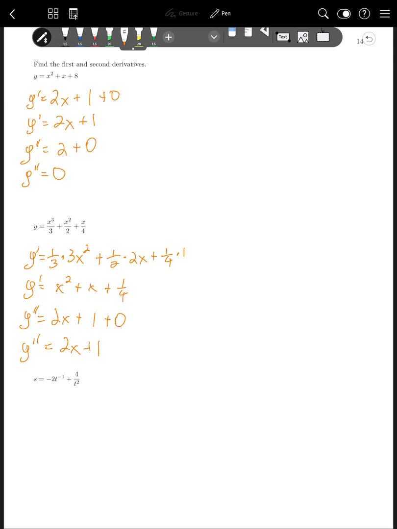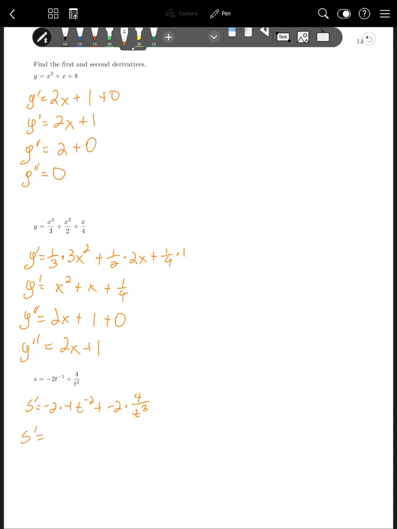And then the last one gets even a little trickier, and it's set up in two parts, so I could do each one of these with the two different methods we've talked about. So for the negative exponent one, I'll just use the power rule. So s prime would be negative 2 times negative 1 times t to the negative second. And for this one, I can use the alternate rule. So this would be plus negative 2 times 4 over t to the third.